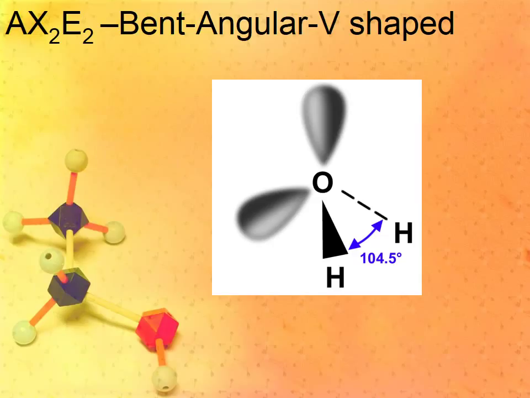As you can see here, the 2 non-bonding pairs are pushing away the 2 bonding pairs, the bonds that connect the hydrogens to the oxygen, and cause the angle to be less than 109.5. For water, you must know exactly what the angle is, which is 104.5. For other structures, just to state that the angle is less than 109.5 is fine.